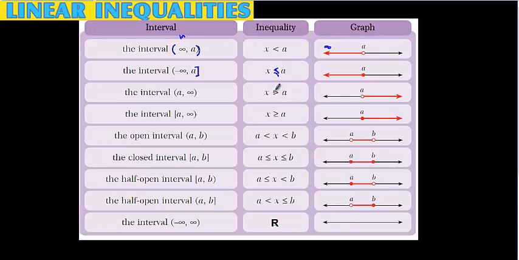When it is greater than, it is going to be an open parenthesis. And infinity is always open. You need to understand that one. Here when you see infinity, as you see, all of them, 1, 2, 3, 4 actually, are open.